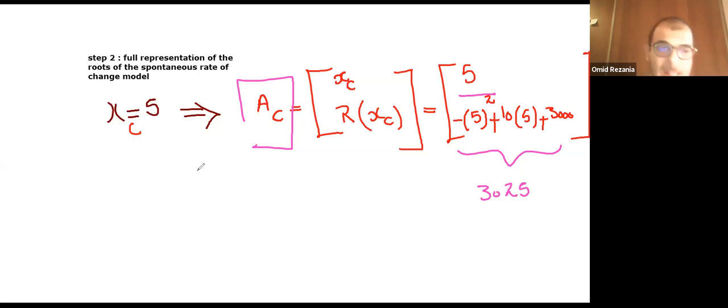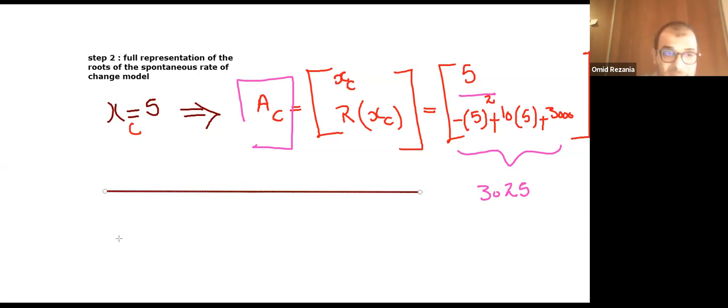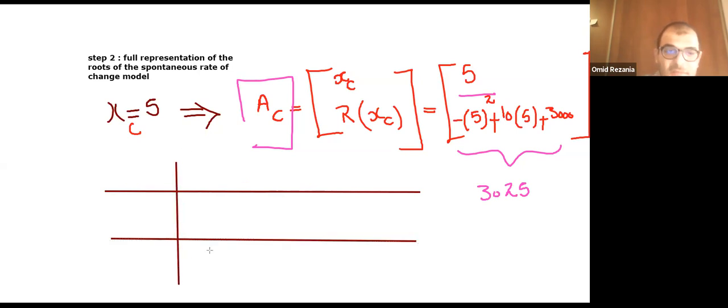Now, the very last step. I didn't plot this because I just wanted to do this exercise without plotting, in order to make sure that we learn the third step, this method that we're going to talk about. We said that this one represents the left side and this one represents the critical x.